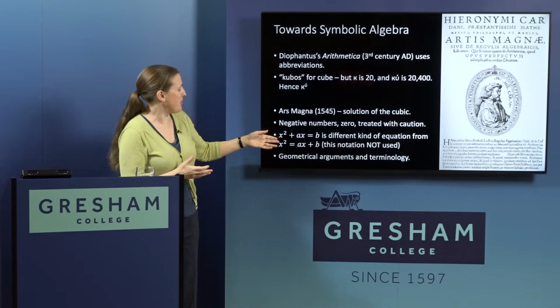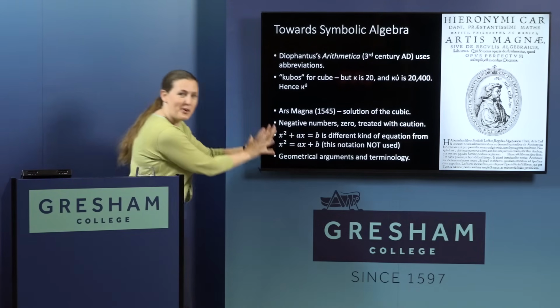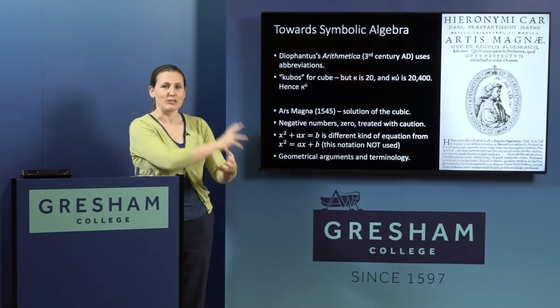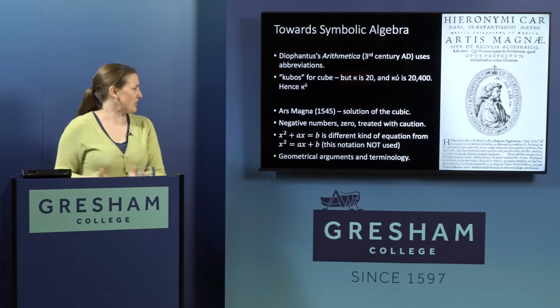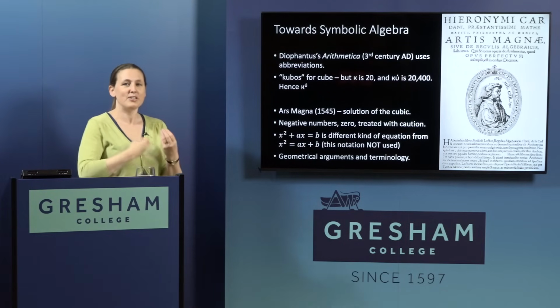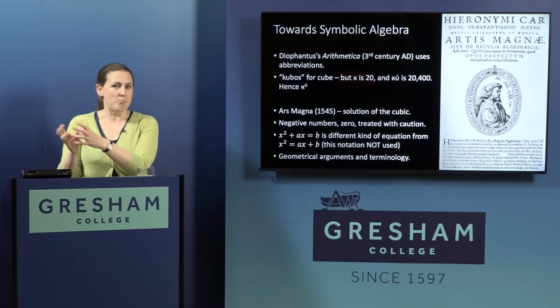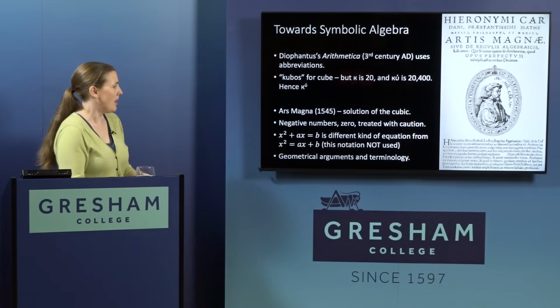So just as an example, I've written something like, again, not the notation that would be used, x squared plus ax, the number plus some multiple of its root is a constant. That's viewed as a different kind of problem to solve from something that looks like the number is equal to some multiple of its root plus another number.